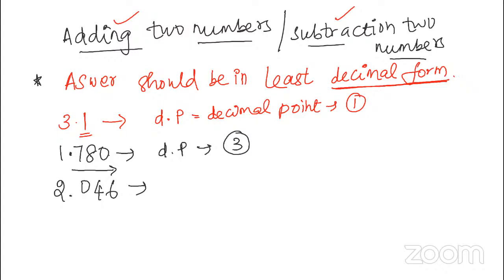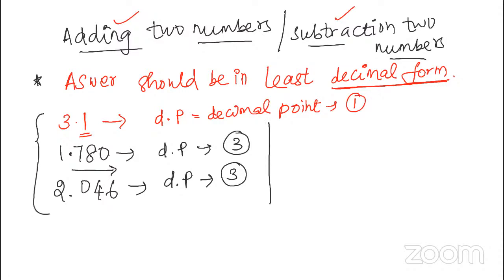How many digits are there after the decimal point? It is also 3. Very good.